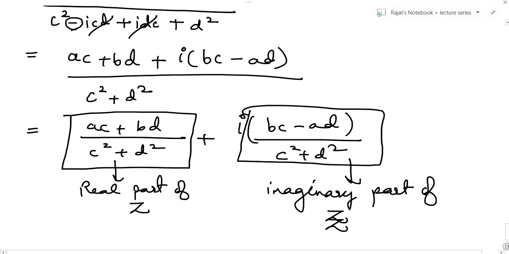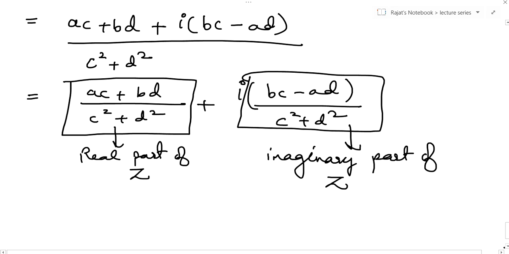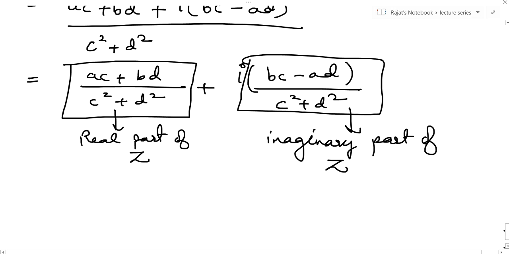So I have been able to separate the real and imaginary parts of z, and this is now a rationalized expression. I have successfully rationalized the complex number and separated the real and imaginary parts. Very simple.